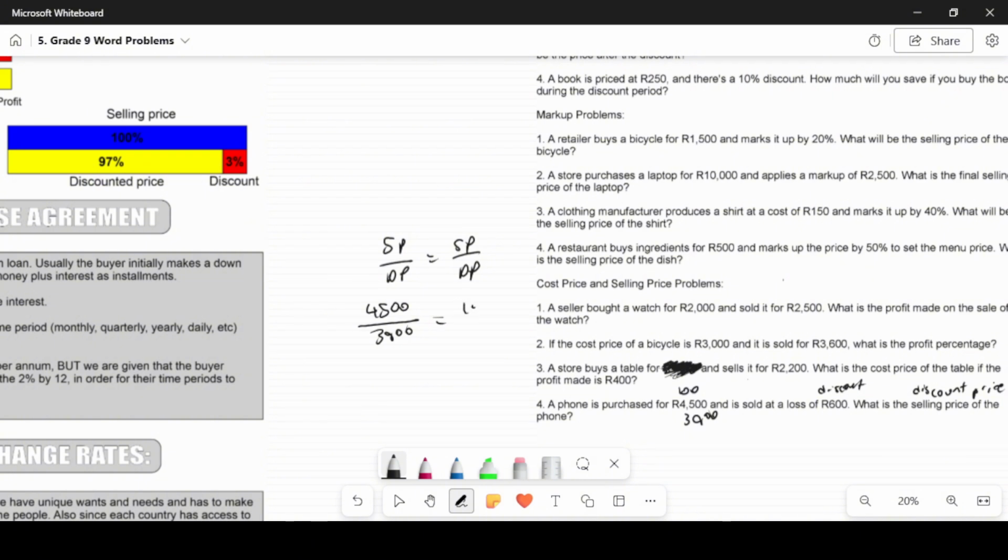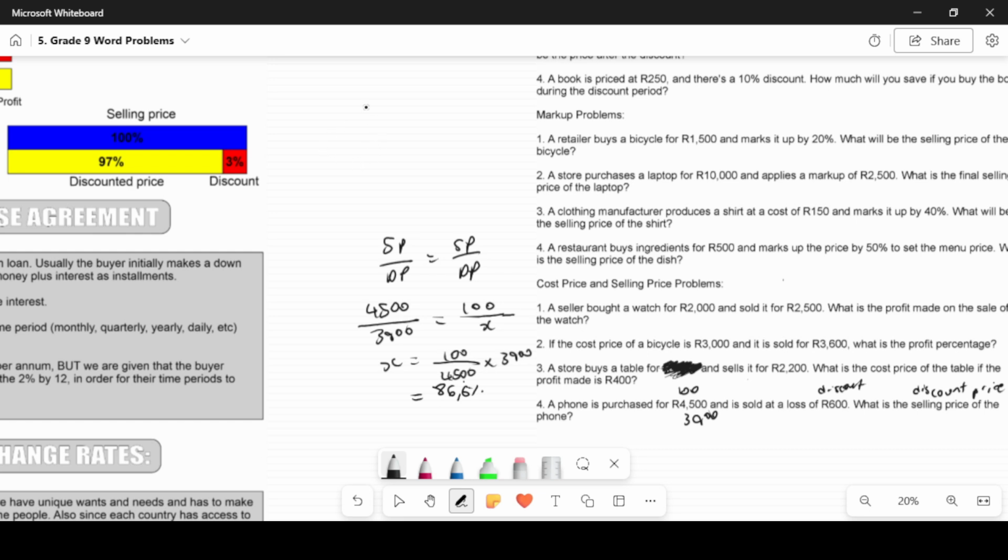And then your selling price is 100 and your discounted price will be X. And then if you have to solve, X is equal to 100 over 4,500 multiplied by 3,900, and you get 86.6 recurring percent.